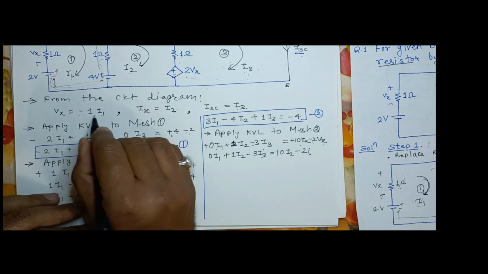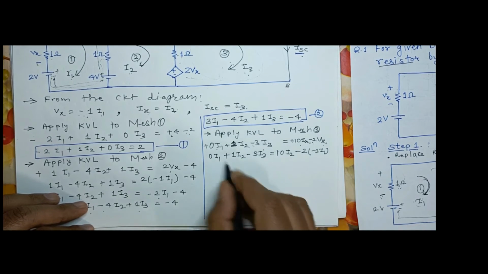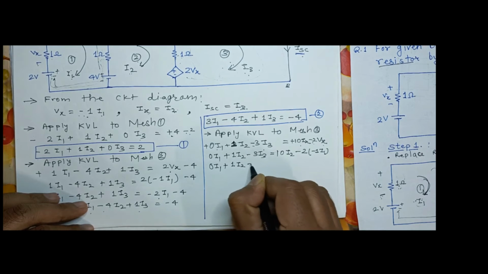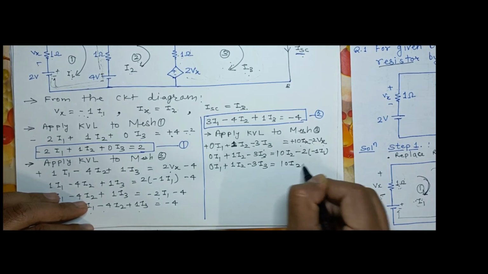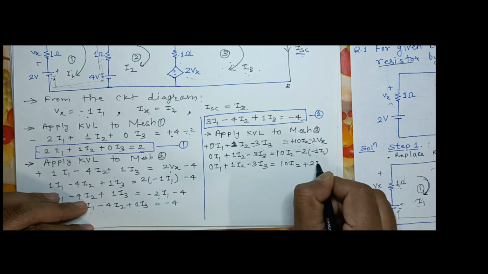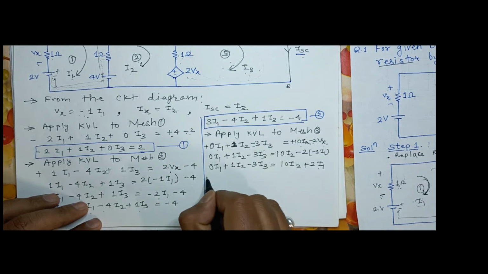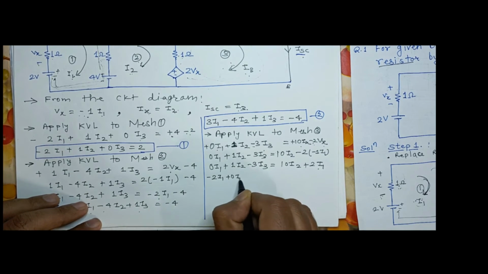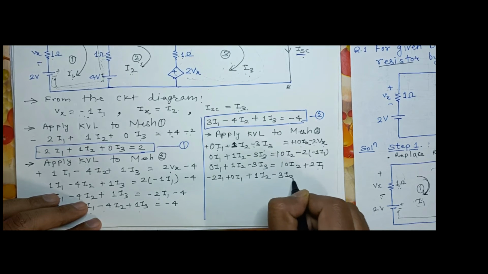Vx equals minus I1, so 0 I1 plus I2 minus 3 I3, 10 I2, and this is plus 2 I1, and I will shift this 2 I1 to the left hand side, so it becomes minus 2 I1, plus 0 I1 plus 1 I2 minus 3 I3 equals 10.